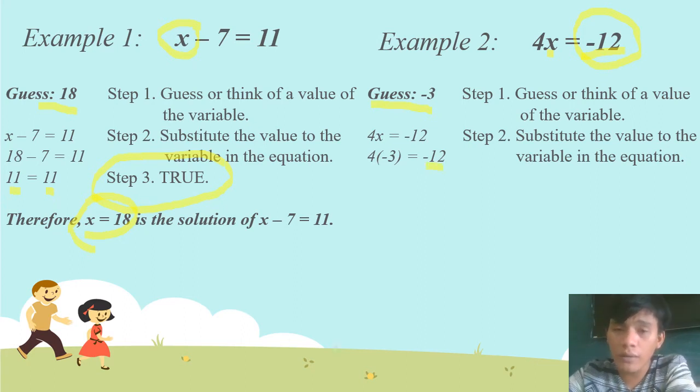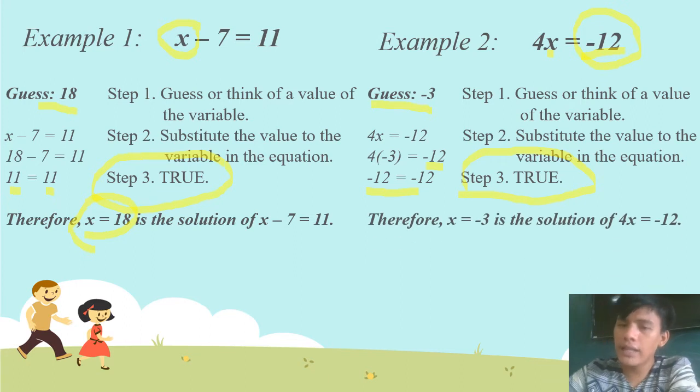Then we need to solve. 4 times negative 3 will be negative 12. Therefore, negative 12 is equal to our right side, which is negative 12. Therefore, the statement is true. Then x is equal to negative 3 is the solution of 4x is equal to negative 12.